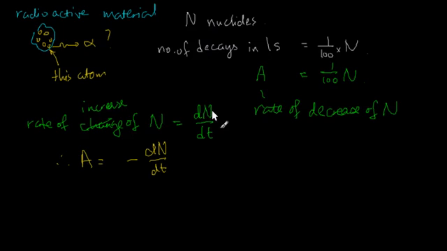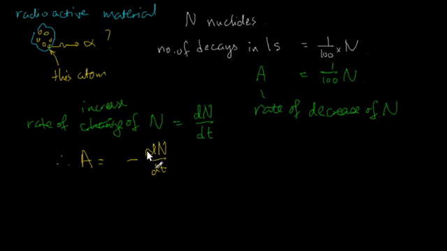If we think of dn as the change of n in a short time dt, then a decrease would mean that dn is negative when we take the final n minus the starting n.